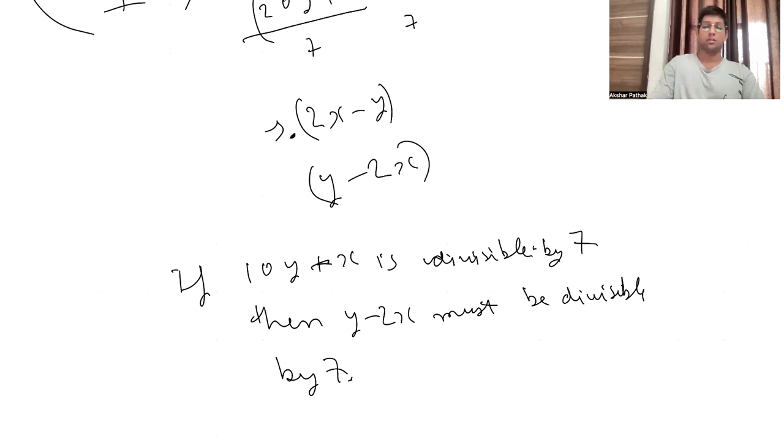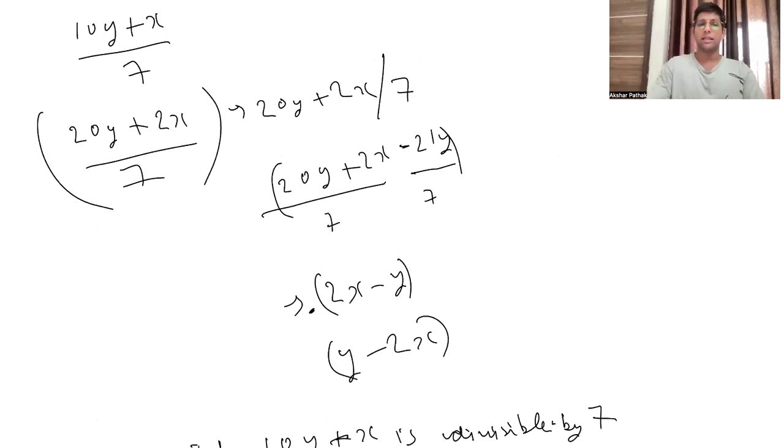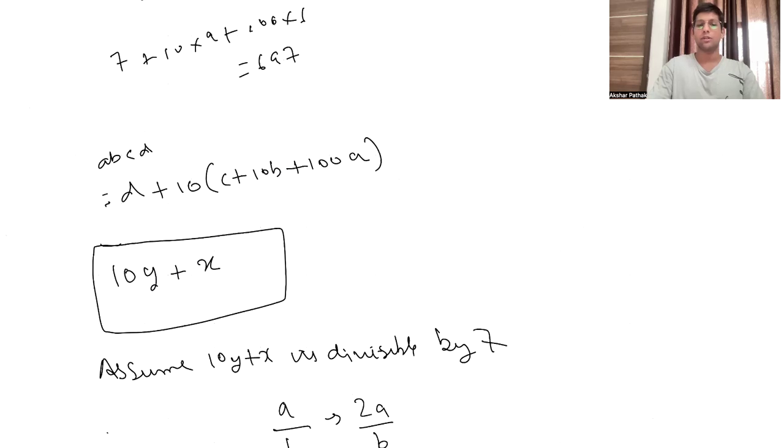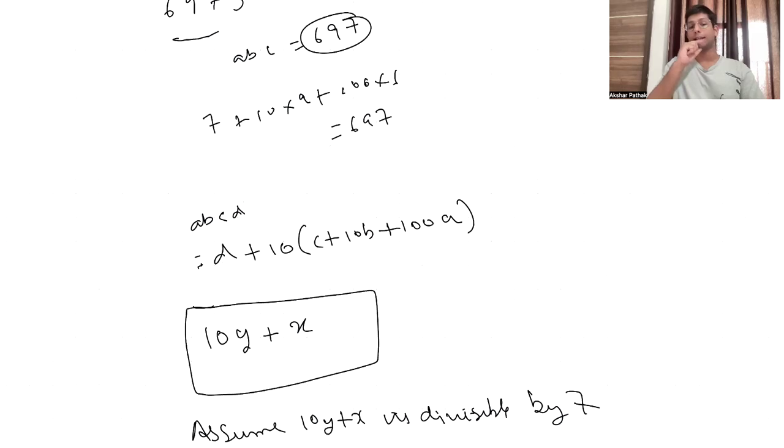We know this. Now, keep in mind the equation that I mentioned, and we will come to it later. I think this was the equation: b plus 10 times c plus 10b plus 100a. Now can I relate this equation with 10y plus x? Of course.